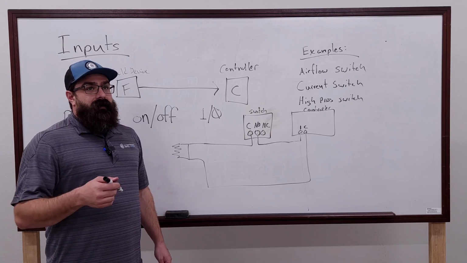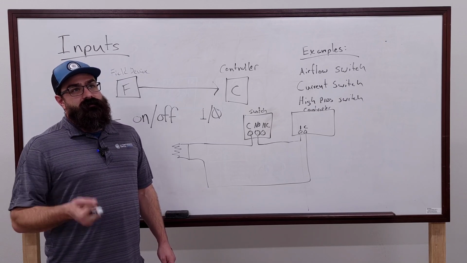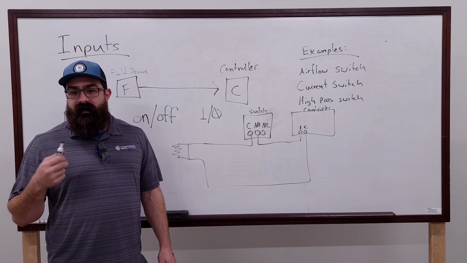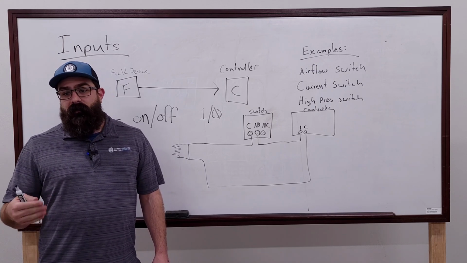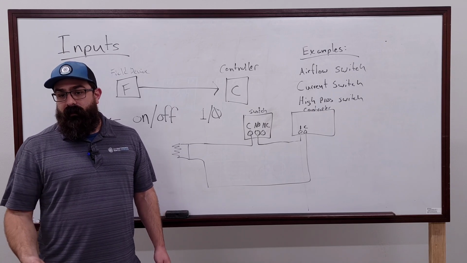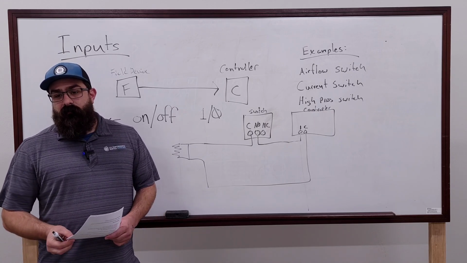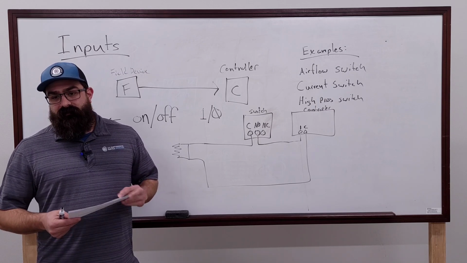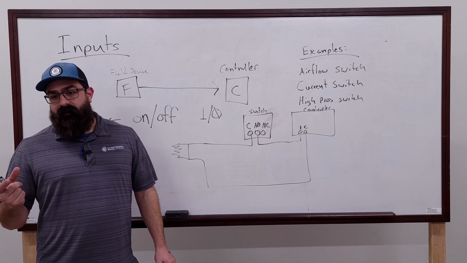Even though it's binary, on the controller it's technically not a contact, it's actually measuring voltage. So it would be a universal input at that point. So it's an input that can be configured to read voltage. So it's not actually just saying, hey, I've got a contact, I don't have a contact.